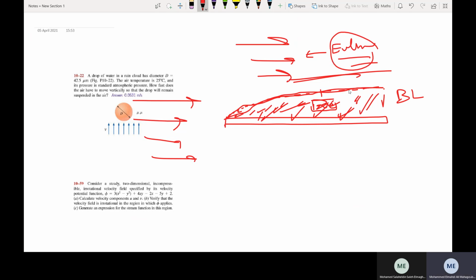Usually the boundary layer is defined as the region where the velocity is equal to 99% of the free stream velocity, which is here. This encloses the boundary layer well. Outside of it the flow is approximately uniform and not affected by this plate. So this is the boundary layer approximation.